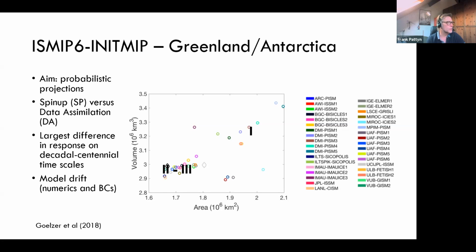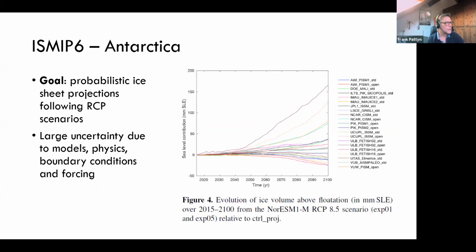So you have data assimilation in those type 2 and 3 models that is relatively closer to what is currently observed, and you have a wider spread. But also another aspect here is the model drift. I mean, what happens if you have no forcing and you let your model run for a certain amount of time? So that was also quite important in not only Greenland, but also in the Antarctic modeling.